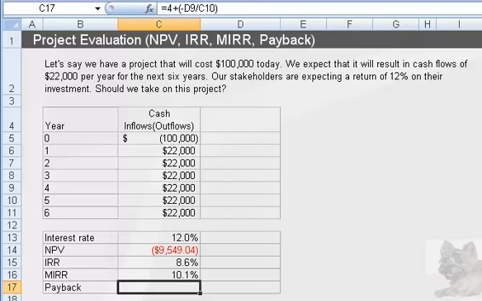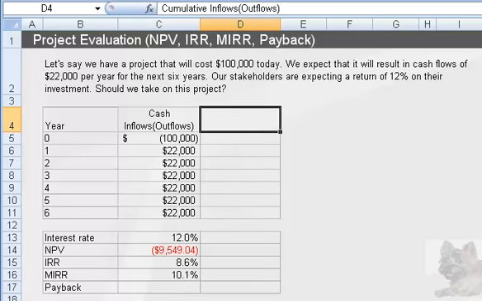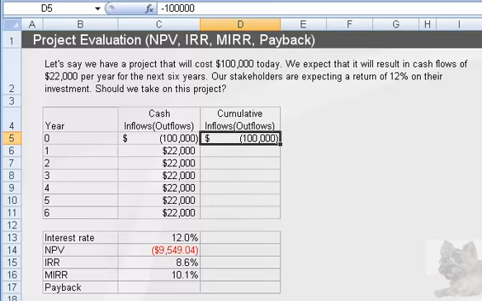And then finally, we do payback. Now, the way I like to do payback is to just actually look at it. I'll come up with the cumulative cash flows, and then what I'll do is enter this formula where I'll say that's negative 100, and I'll enter one more formula, which is take the cumulative amount plus the current amount and come up with what that would be, and then copy it down.